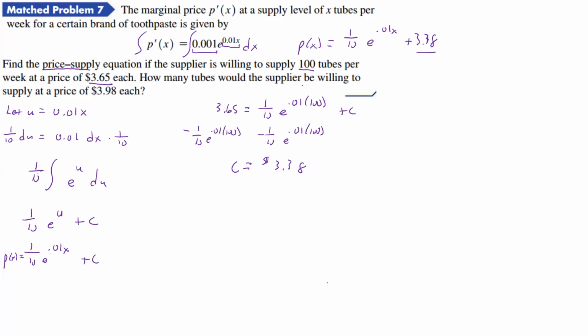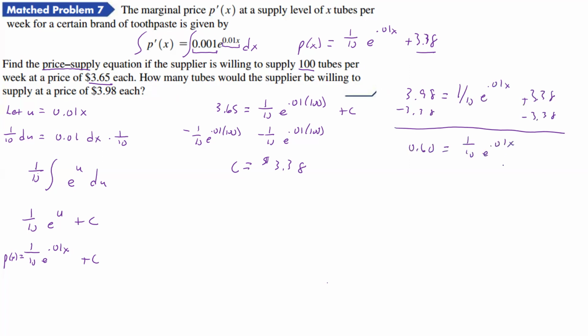Now, how many tubes would the supplier be willing to supply at a price of $3.98? Now the price is 3.98, and that equals 1/10 e to the 0.01x plus 3.38. So let's subtract off 3.38. So 0.60 is 1/10 e to the 0.01x, and multiply that by 10, multiply that by 10. So 6 equals e to the 0.01x.